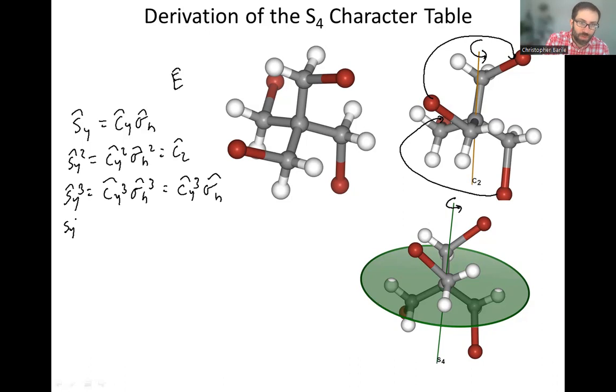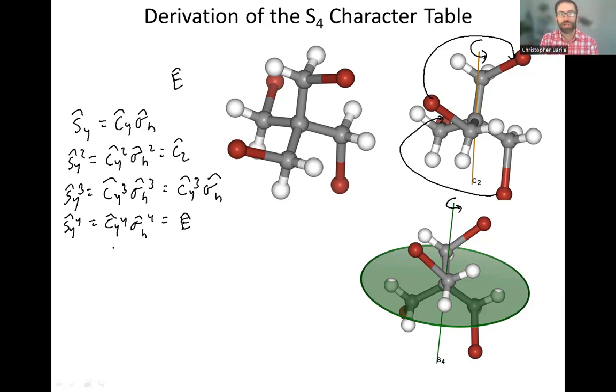So S4 three times is C4 three times, a 270-degree rotation, followed by a sigma H. If you do an S4 four times, you're going to get yourself back to identity because you have sigma H four times, and that's an even number of flips, top to bottom, bottom to top, top to bottom, bottom to top. So you end up just doing top to top, it did nothing. And C4 four times is a 360-degree rotation, that did nothing.